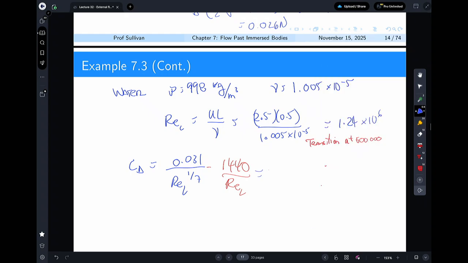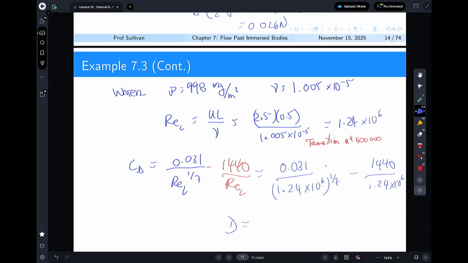which is equal to 0.031 over 1.24 times 10 to the 6th to the 1/7 minus 1440 over 1.24 times 10 to the 6th.